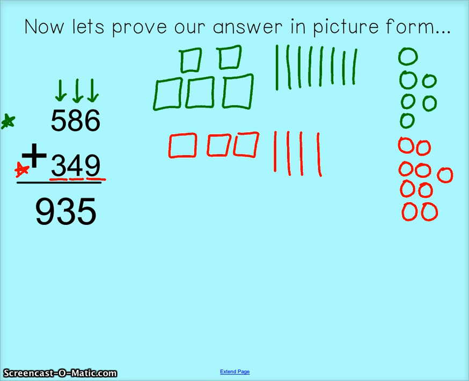We know that we have 9 here, so we're going to do 9 and then adding 1 more, so that's 10. So I know that I have 10 ones. I'm going to add a 10 stick so that I make sure that I'm getting the right number. So my 10s now, I'm going to add 1 more 10 stick. So now this is done.